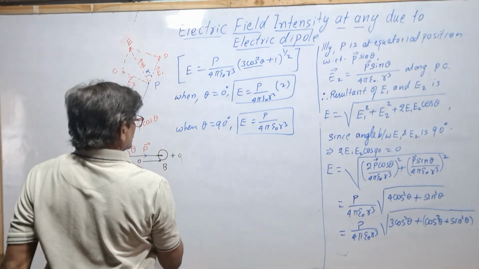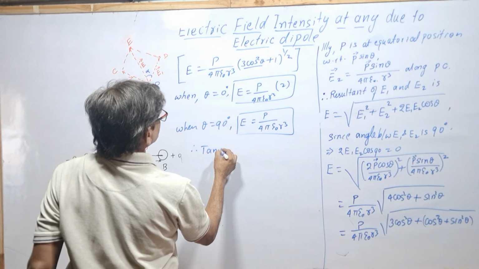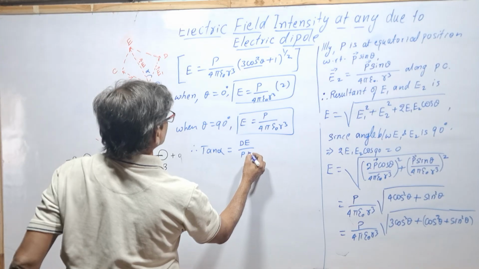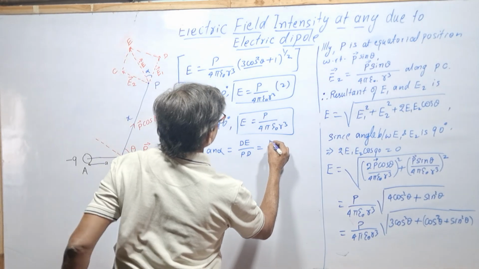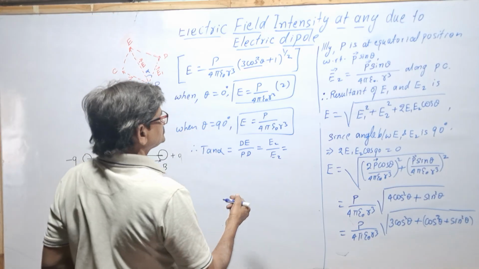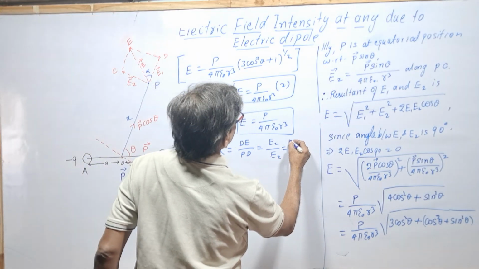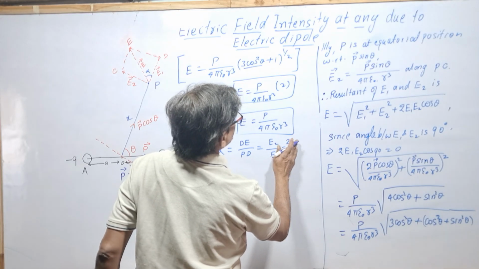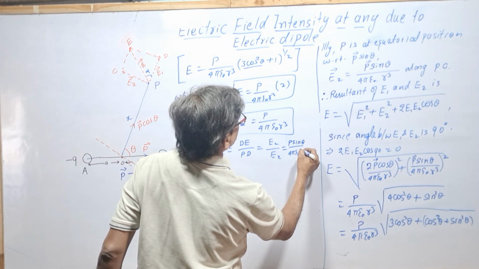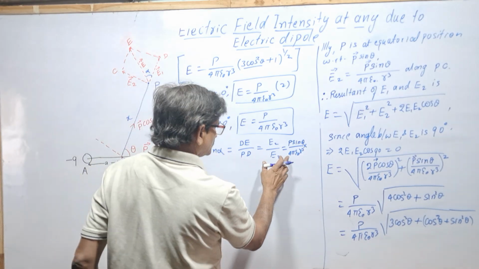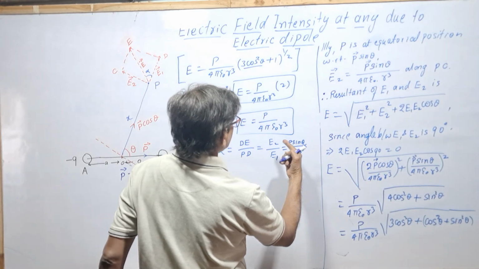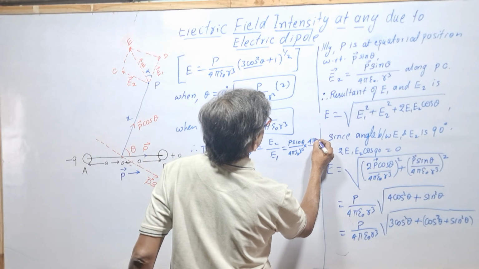And this resultant makes an angle alpha, therefore tan alpha equals opposite by adjacent, that is E2 divided by E1. Writing their values, E2 is P sin theta divided by 4 pi epsilon naught r cube, and E1 is 2P cos theta divided by 4 pi epsilon naught r cube.